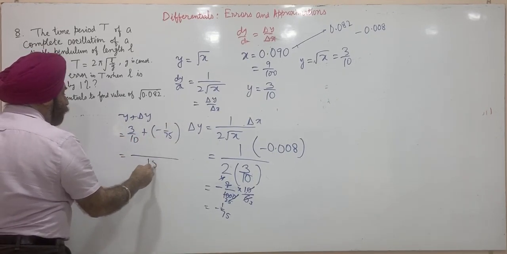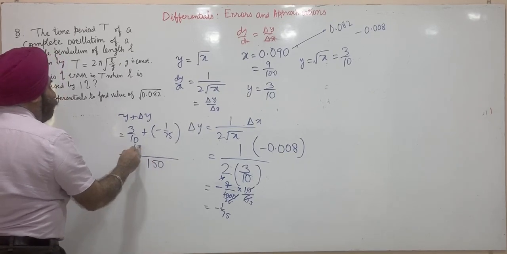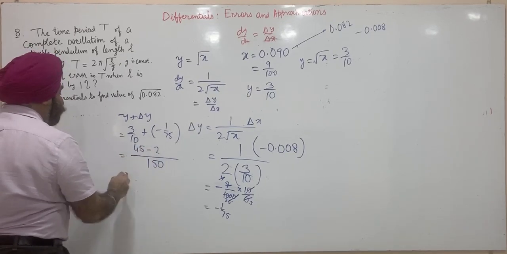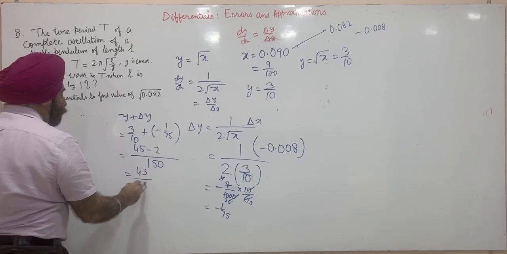This will be 150, 45 minus 2, it's 43 by 150.